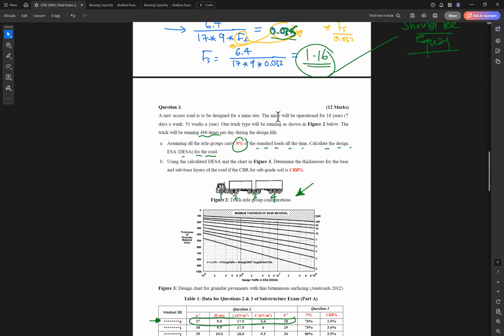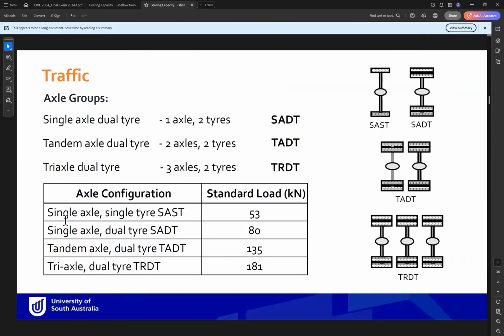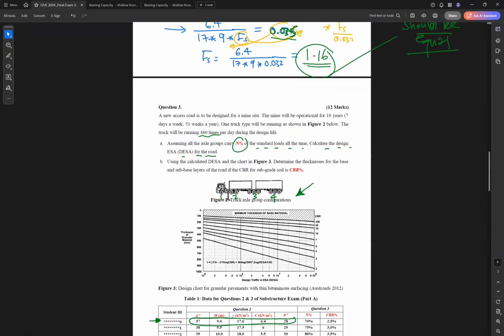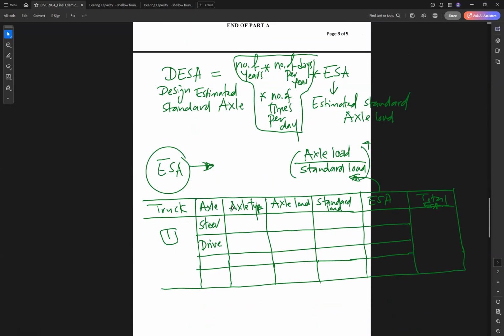So if you look at the table here, we have single axle dual tire, this one. Single axle, single tire, this one. Single axle dual tire, this one. Tandem axle dual tire, this one. Tri-axle dual tire, this one. So for our example here, we have 4 axles. The first one is SASDT, then we have trailer 1 and trailer 2.